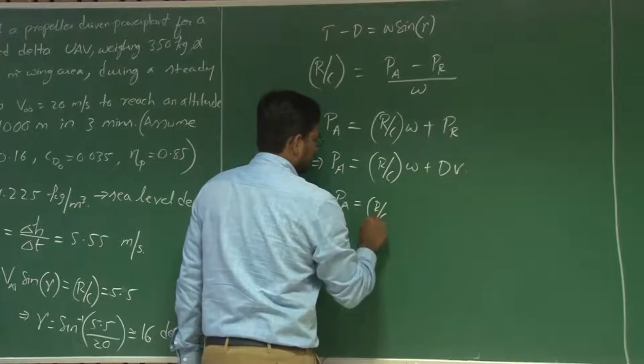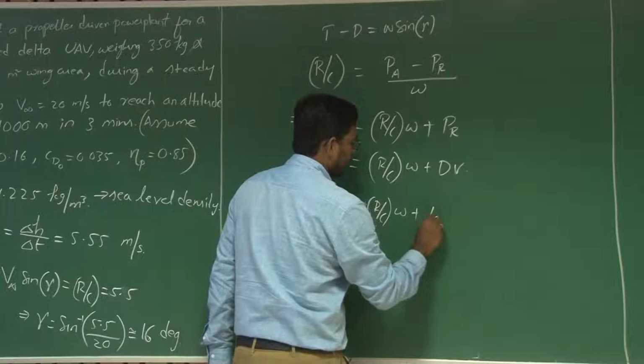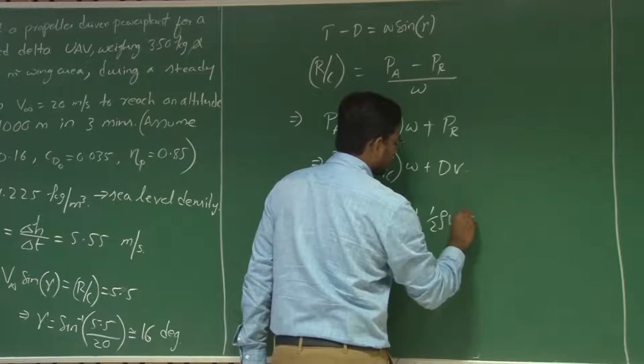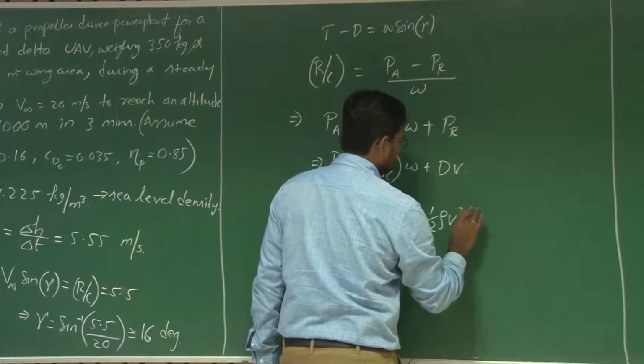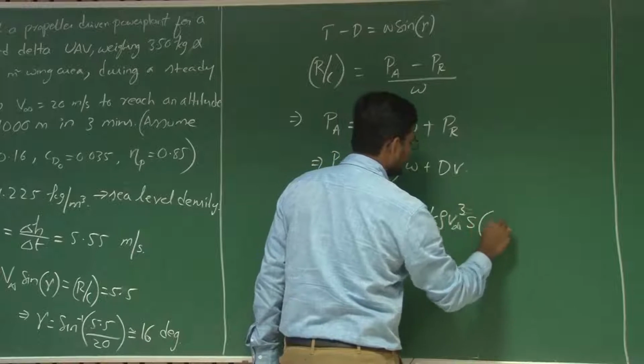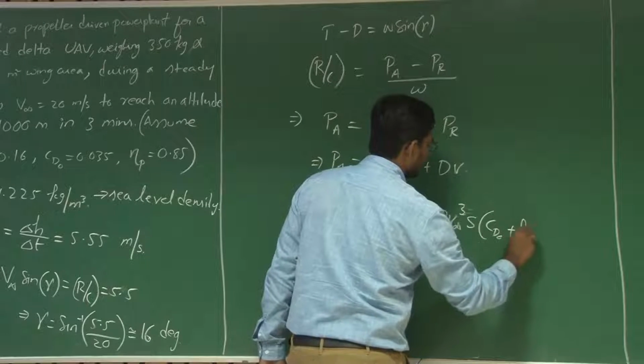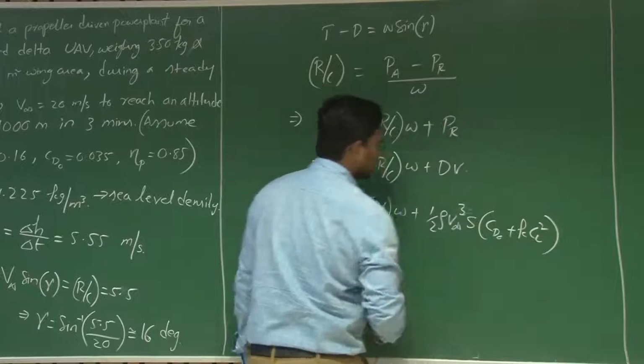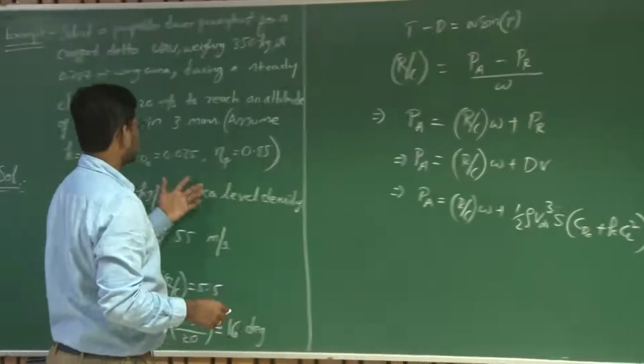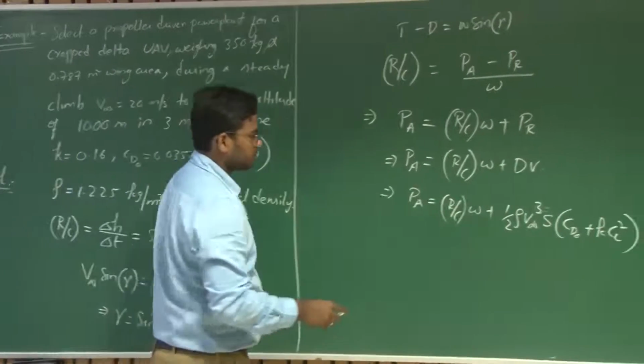So, rate of climb into W plus half rho V infinity square S, so it will be V infinity cube S into CD naught plus K into CL square. We have CD naught and K from here.